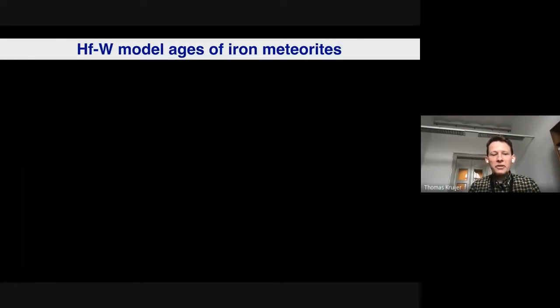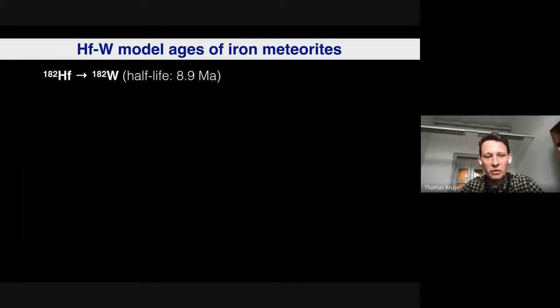Now, we can use isotopic ages of meteorites to provide some constraints on when this happened. I've done a lot of work on this myself, actually. And one way of doing this is using the so-called short-lived hafnium-tungsten chronometer. This is contrary to the other isotope system that I just showed you. It's a short-lived system. It's an extinct chronometer.